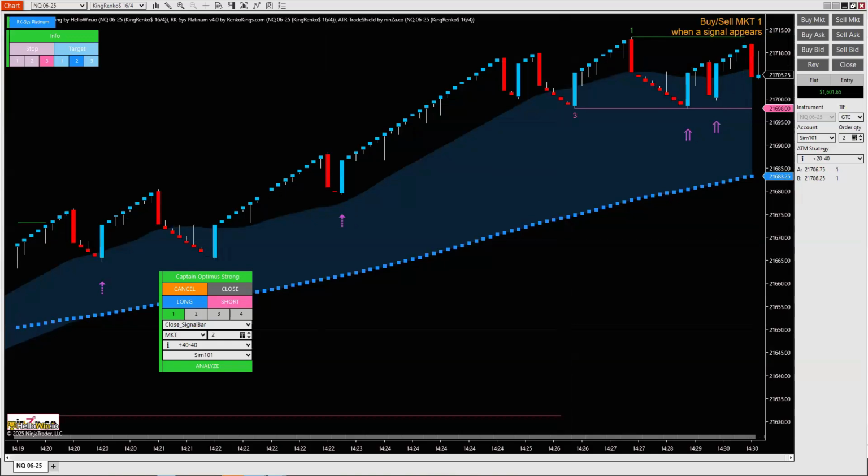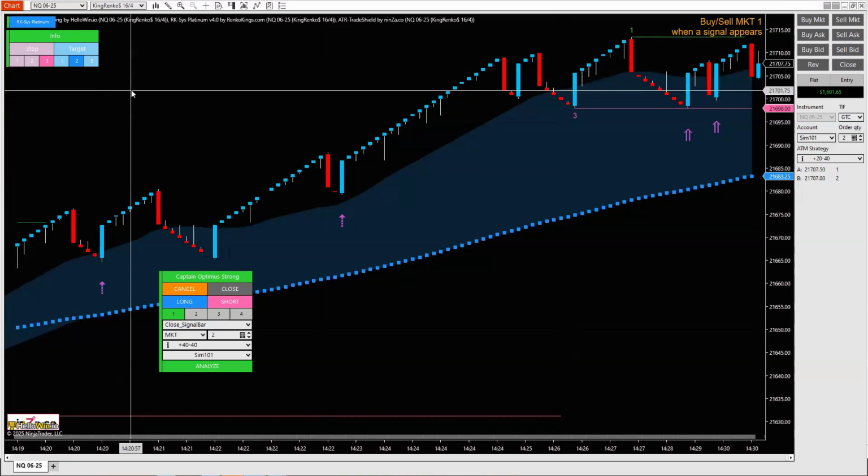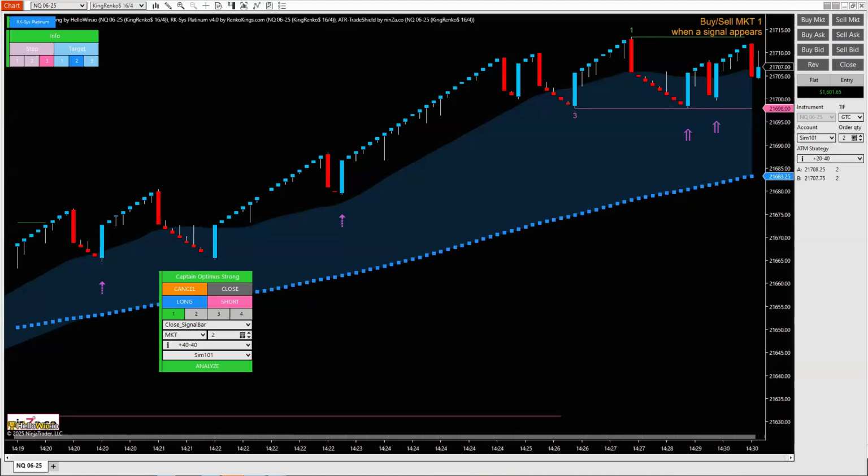All right, let me see if there are any more questions. We're going to get to the slideshow again in a minute, everyone. You need three different stop losses and targets in the ATM, but I only had one and it worked.